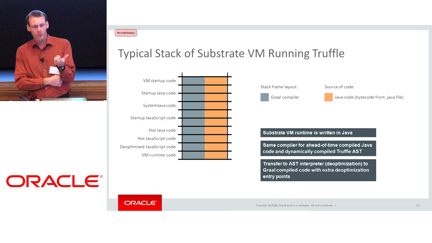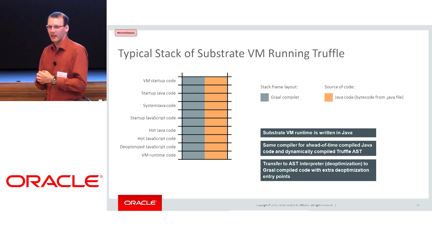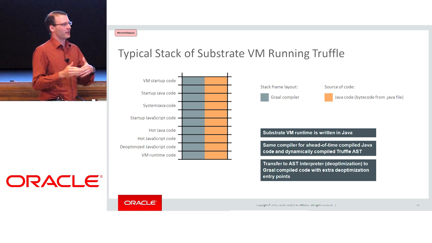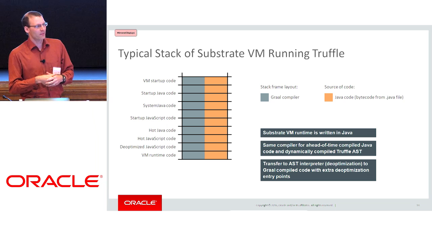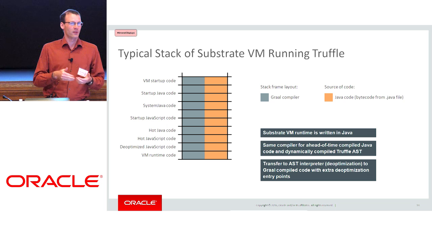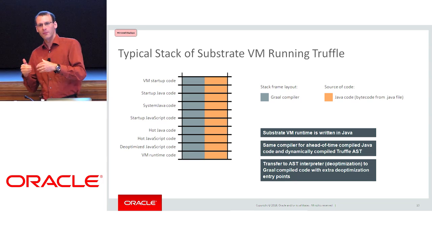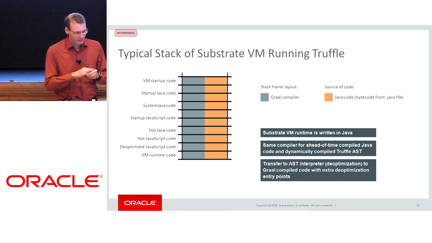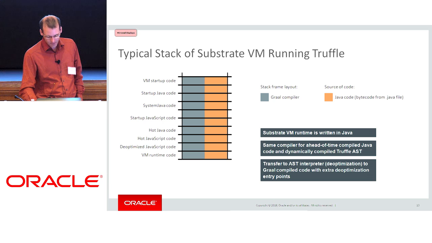And since we want to run everything in this one compiler, one stack frame layout setting, we obviously cannot de-optimize like HotSpot is doing. We cannot de-optimize back to a bytecode interpreter. We have to de-optimize back to AOT compiled code, so we have to de-optimize to code that's also generated by the Graal compiler. And I will talk about that in more detail in a second.